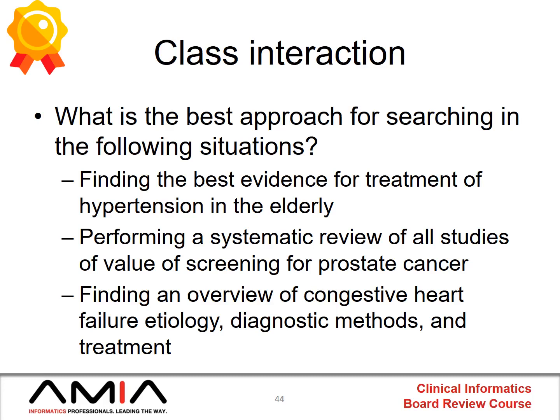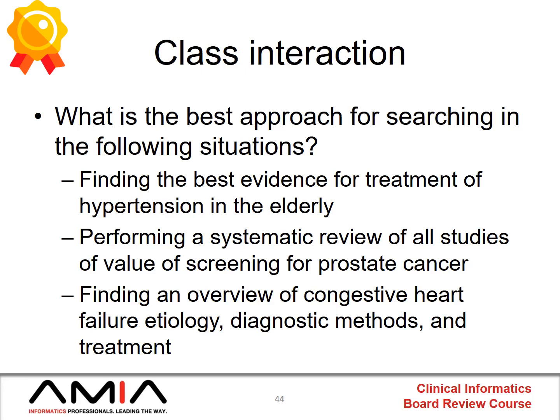Let's carry out some interactive exercises in information retrieval. And you should listen to the questions here, then stop the lecture, answer the questions, and compare your answers with mine on the following slide. The questions are, what is the best approach to searching in the particular situations listed here?